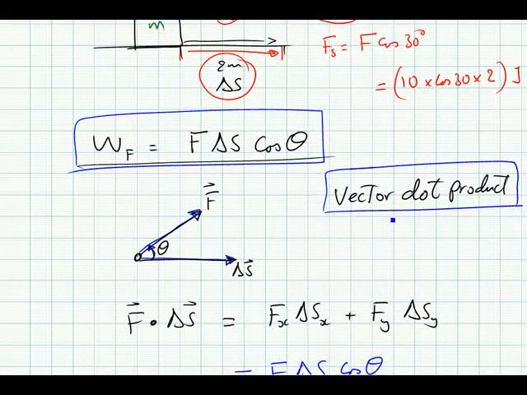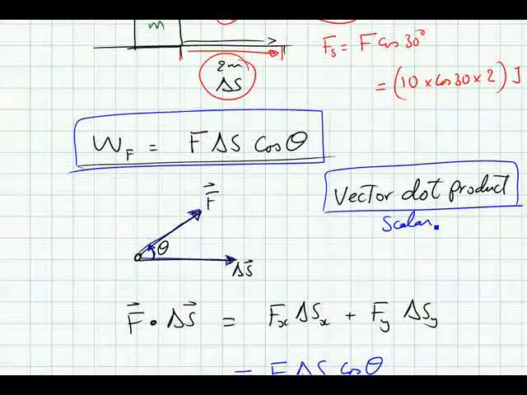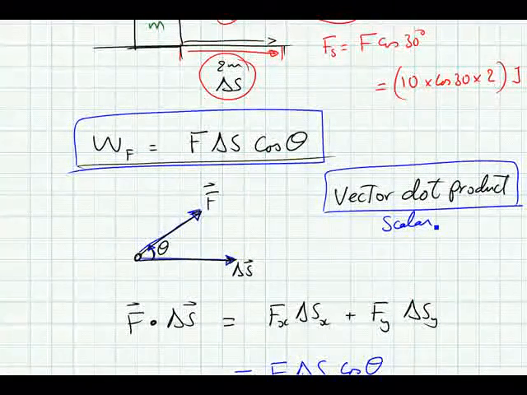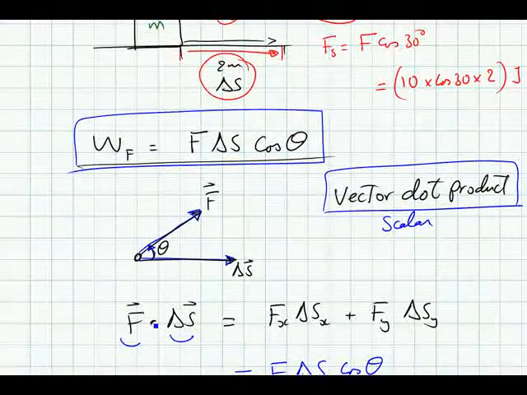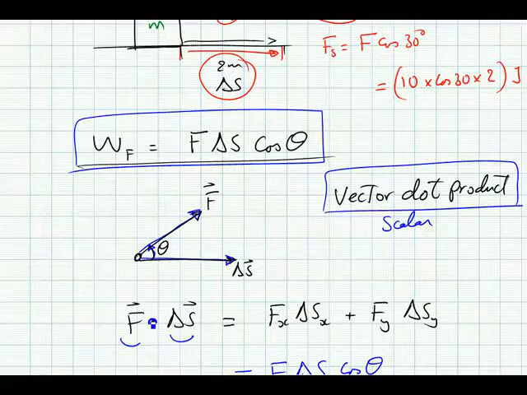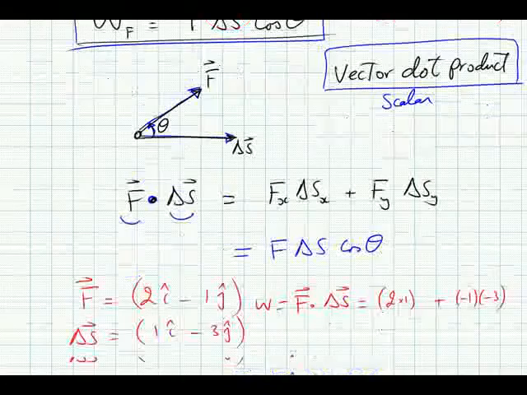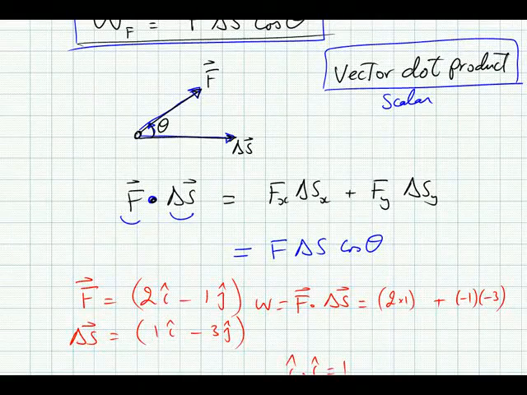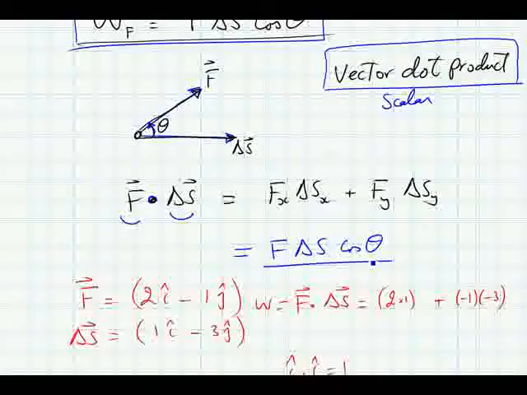Vector dot product is a scalar entity. So if you have two vectors, vector F and vector delta S, the dot product will give you this F delta S cosine theta.